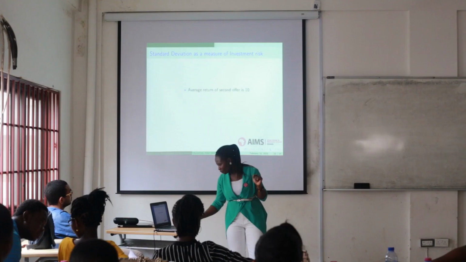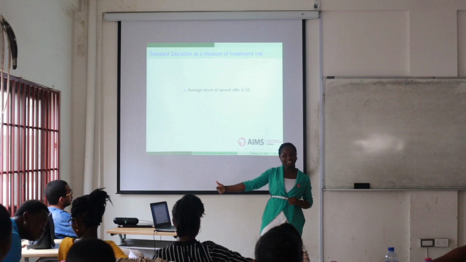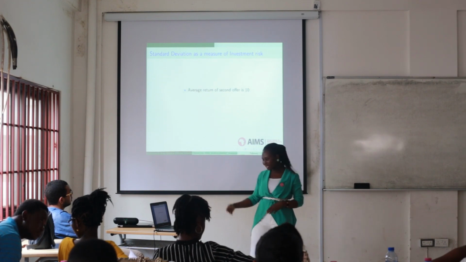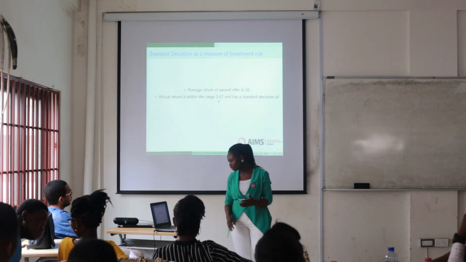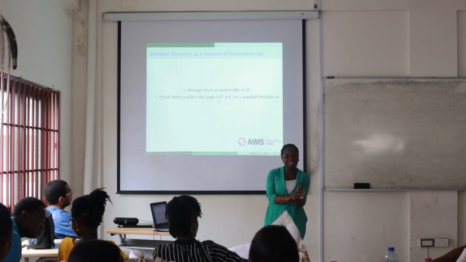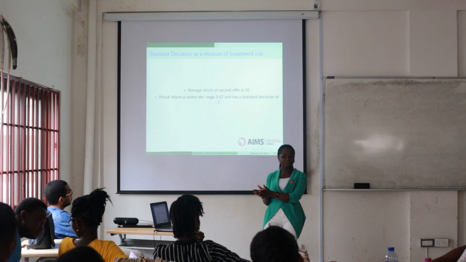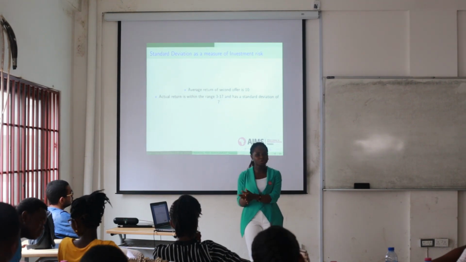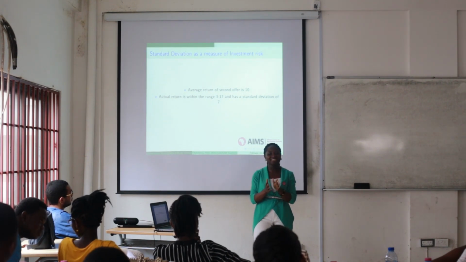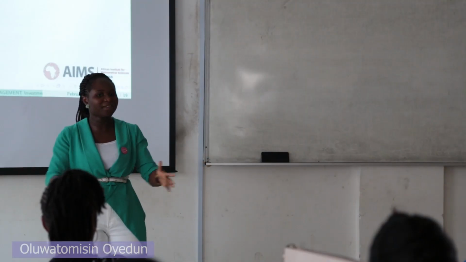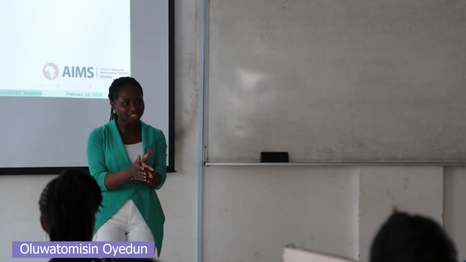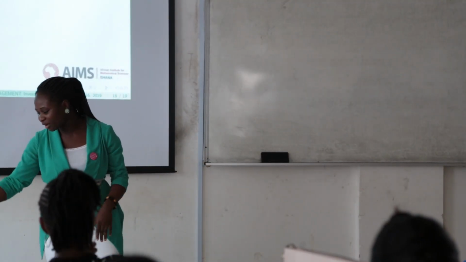But for the second one, which has a very catchy return, the average return is 10. But when she went to inquire, she got to know that the rate of return is between 3 and 17. And this makes the standard deviation for this second investment 7, which means that the set of data are very scattered from the average mean, which means that if she goes for this investment, it's quite risky.